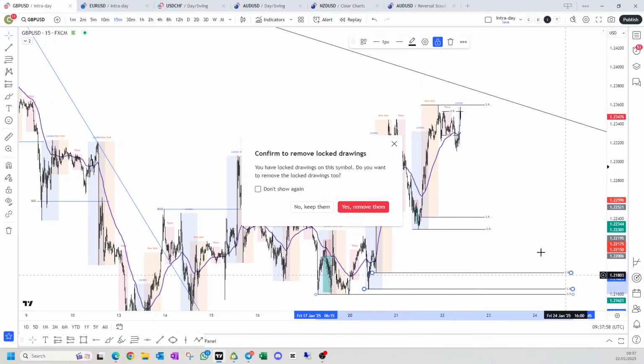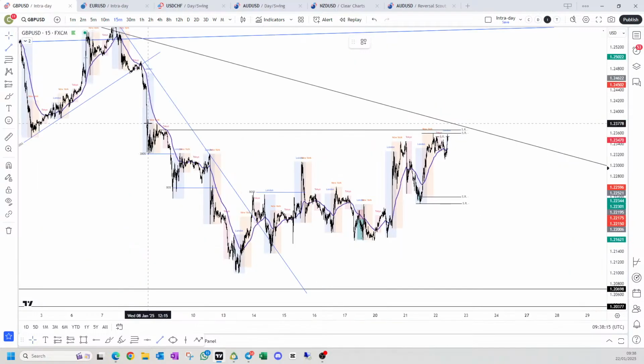Above here we've got these previous highs. And then we've also got this liquidity beneath there.